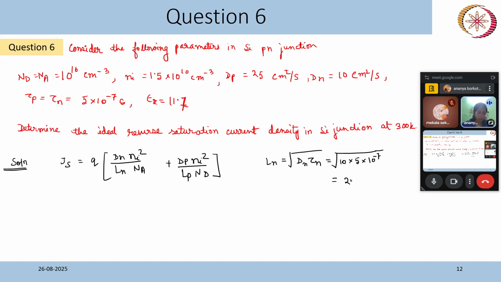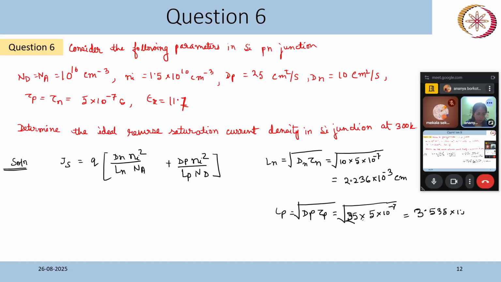I have already calculated it earlier, so 2.236 into 10 to the power minus 3 centimeter. Please check the calculation again. And LP will be square root of Dp into tau p, that is 25 into 5 into 10 to the power minus 7, which is 3.535 into 10 to the power minus 3 centimeter.